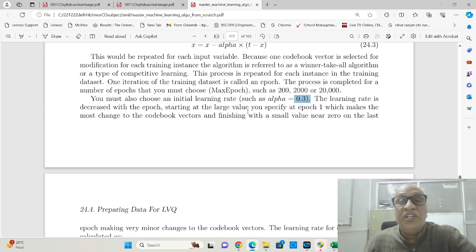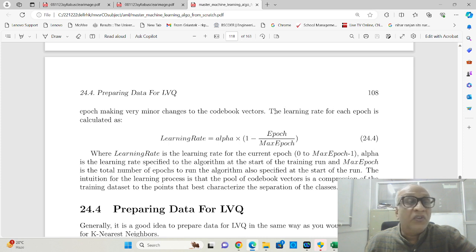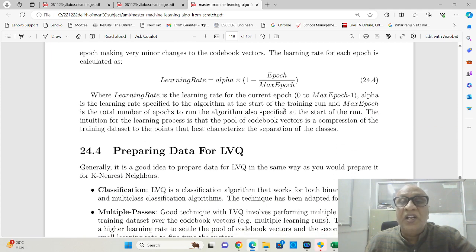So initially the learning rate will be high, and as the epochs increase, the learning rate decreases. The learning rate is calculated using this formula: alpha multiplied by (1 minus epoch divided by max epoch). This learning rate is for the current epoch, ranging from 0 to max epoch minus 1.